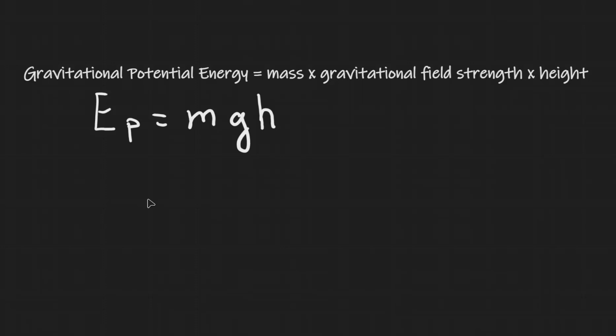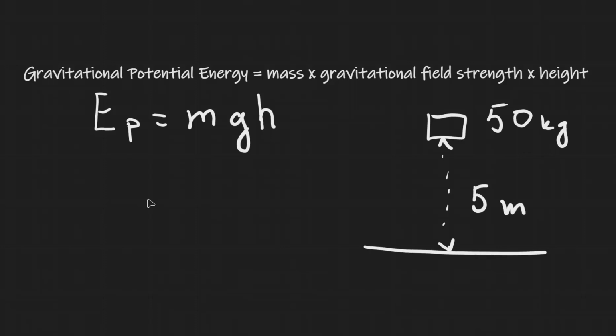Let's do a sample calculation example. So imagine that we have some sort of a mass which is, should we say, 50 kilograms. And let's say that this is at a distance of 5 meters to the Earth's surface. So this here is the surface. How much gravitational potential energy does it have?